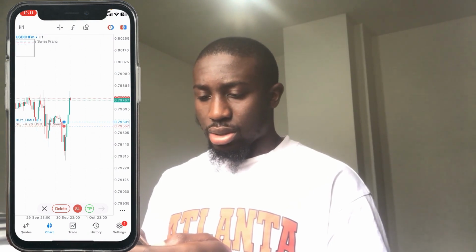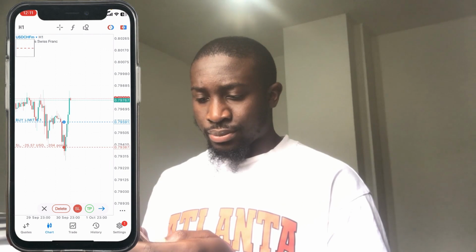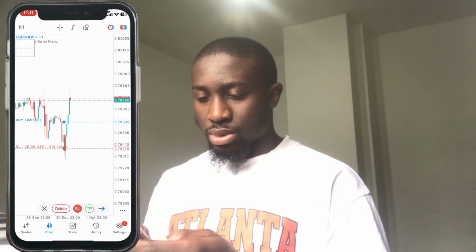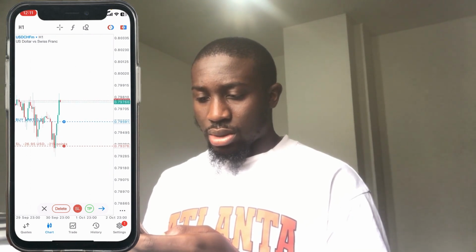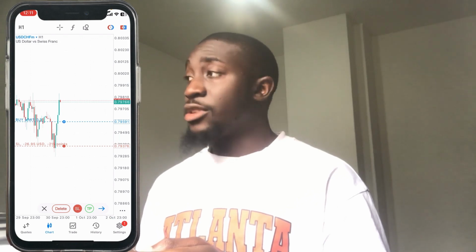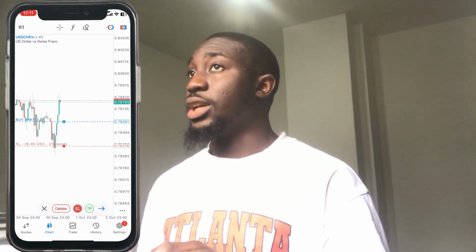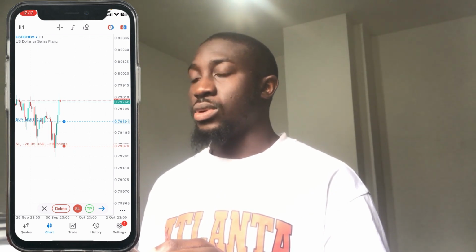Let me draw it. I'm risking $50 on this trade. Well, this loss is very small. It's very small. Okay, no, I want to risk $50. That's about 100 pips. Okay, let me take this risk and let me see how far it will go.